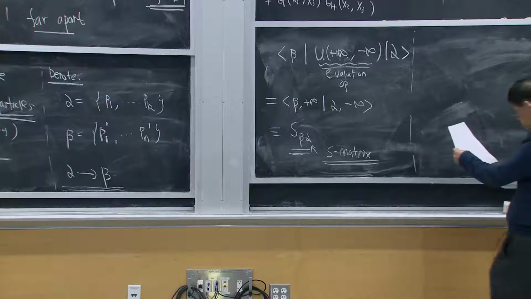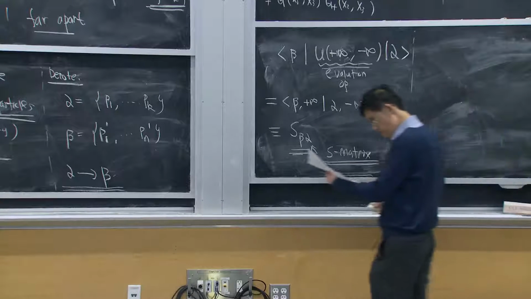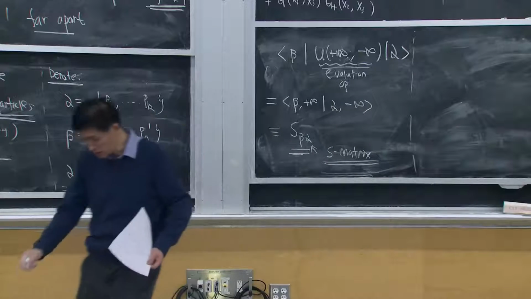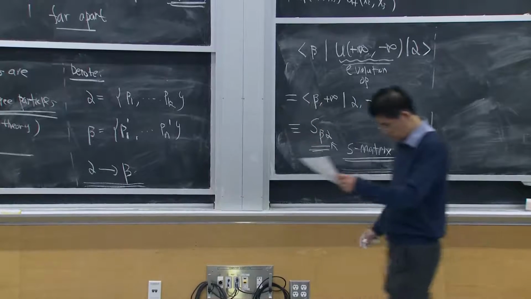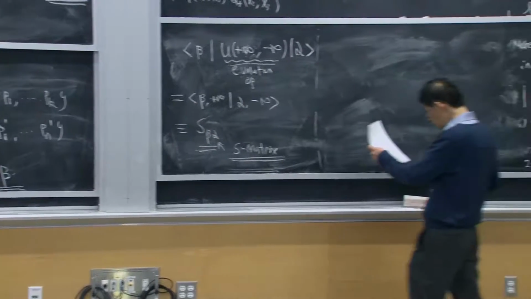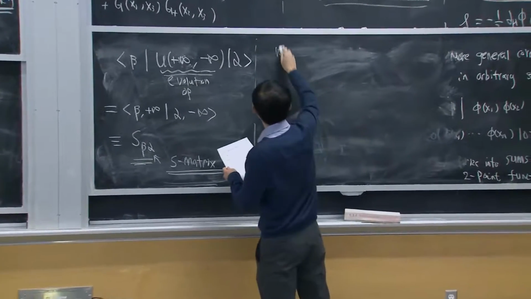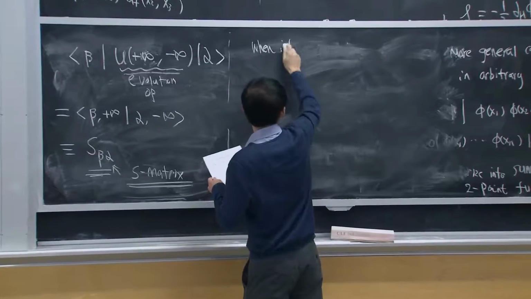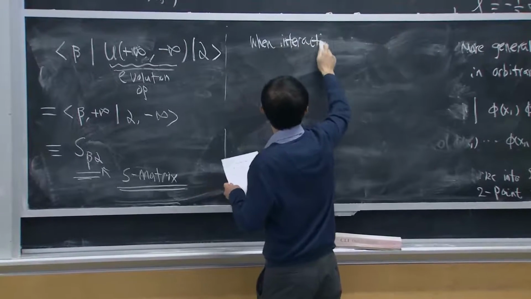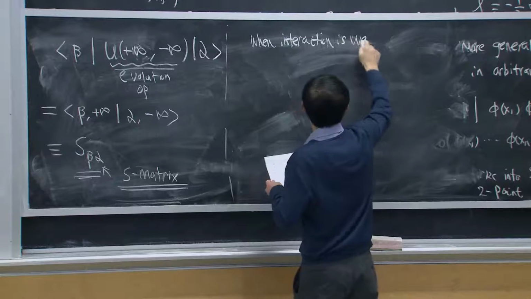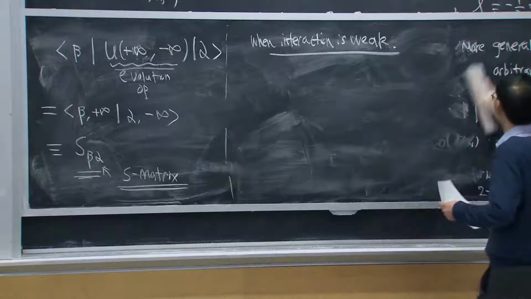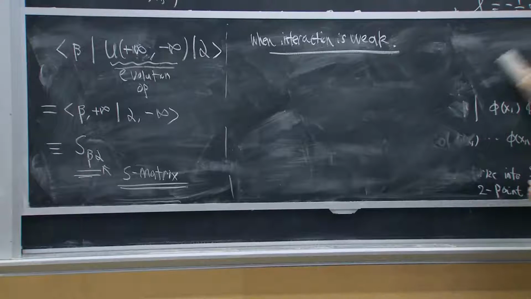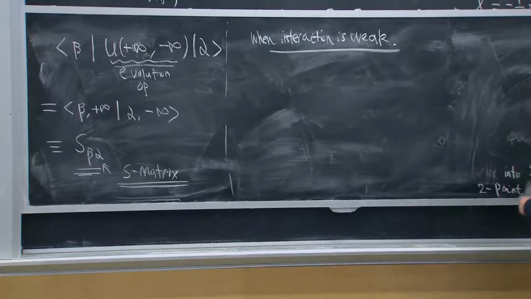So let me say a few things about the S matrix. When the interaction is weak, you can imagine that most of the time the particles don't interact with each other.